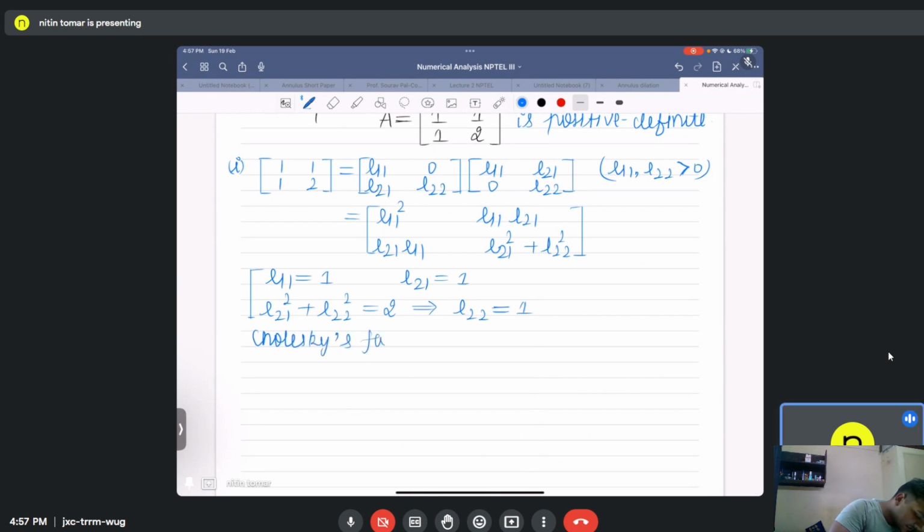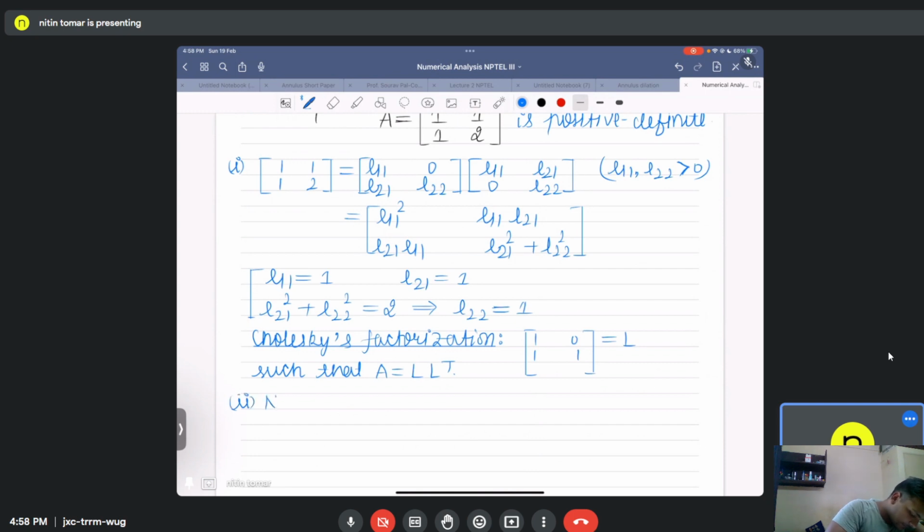So Cholesky's factorization, it is actually [1 0; 1 1]. This will be my L, such that A is L L transpose.